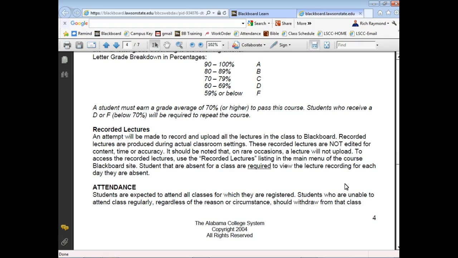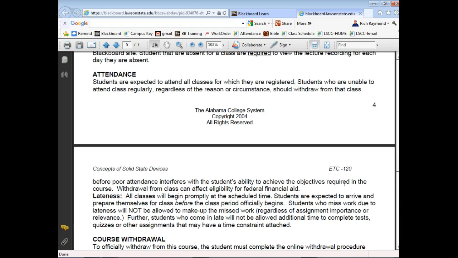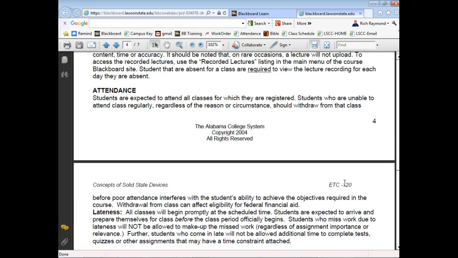You understand? So don't depend on these lectures. They're a tool, but don't depend on them. It's really good to go back and review. We have people do that. Of course, if you're absent, you really need to make sure that you go back and listen to these recordings. Make sure you check your email.